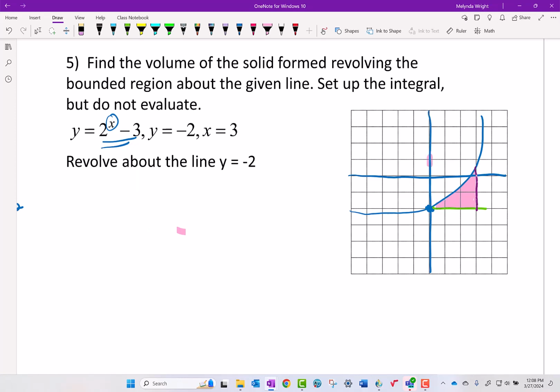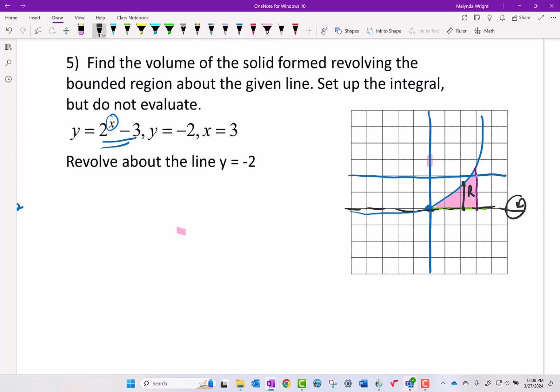All right, so let's see. We're rotating about the line y equals negative 2. So I'm going to draw my little dotted line down here, which I normally do, and then put my little circly thing. That's where I'm rotating around. It's a horizontal line, so my R is going to be this way.